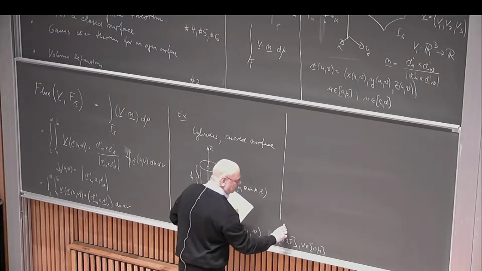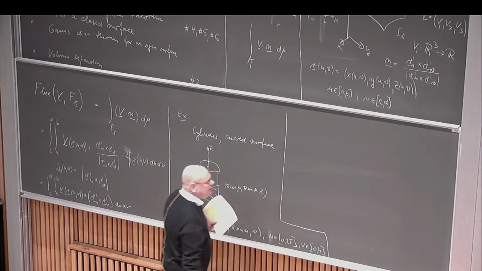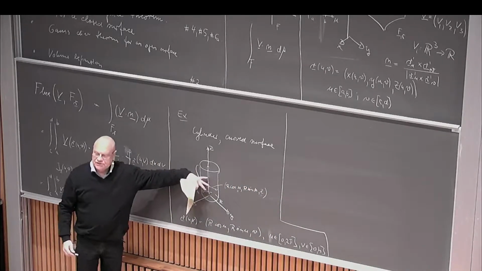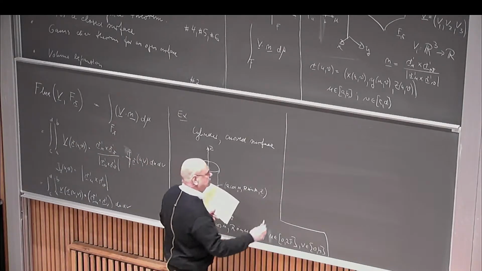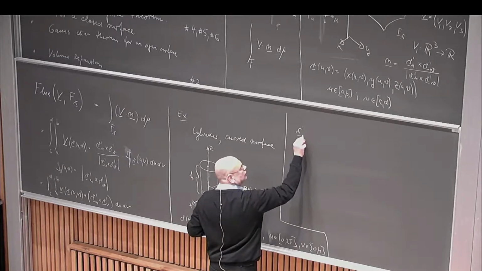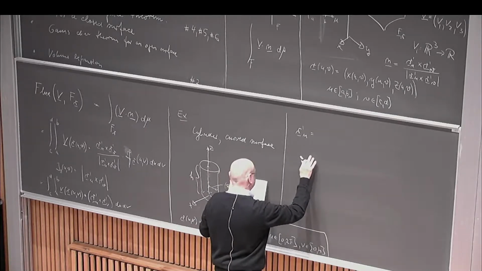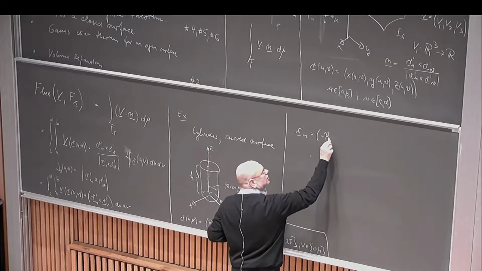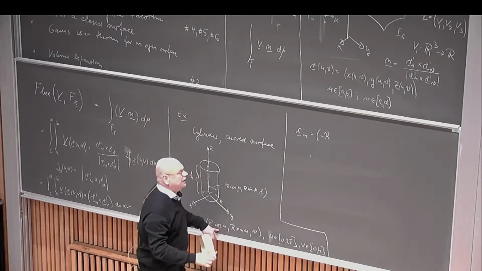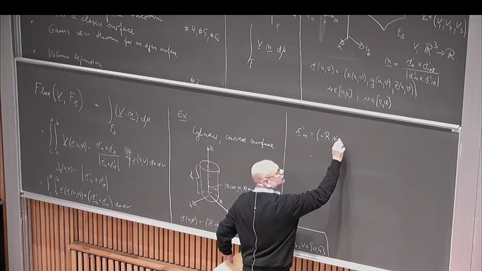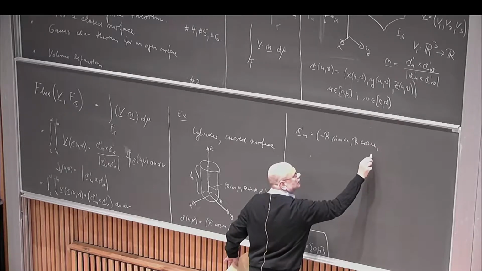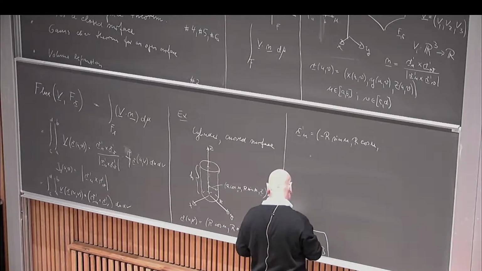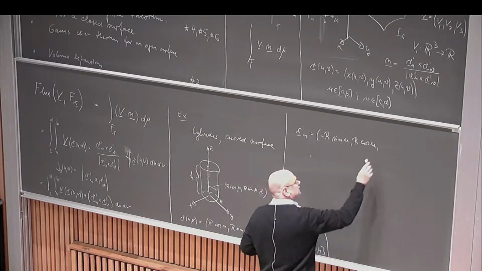Now, let me find a normal vector to this curved surface. We take the derivative with respect to u, you get minus r sine u, and then you get r cosine u, and you get 0.